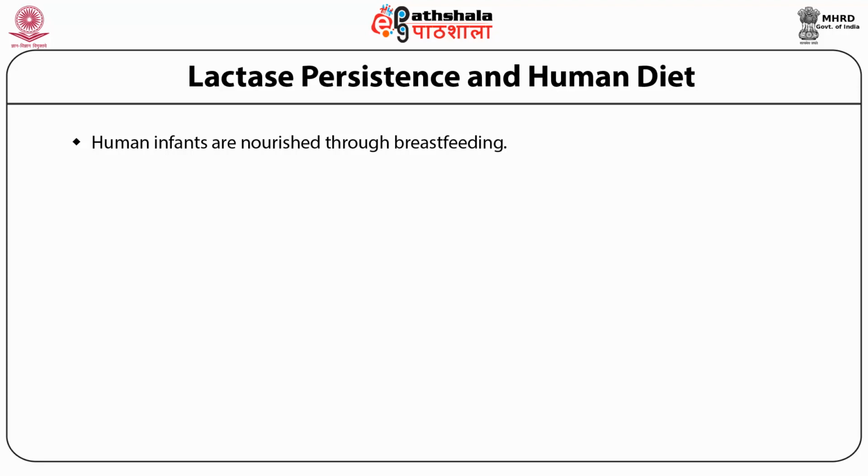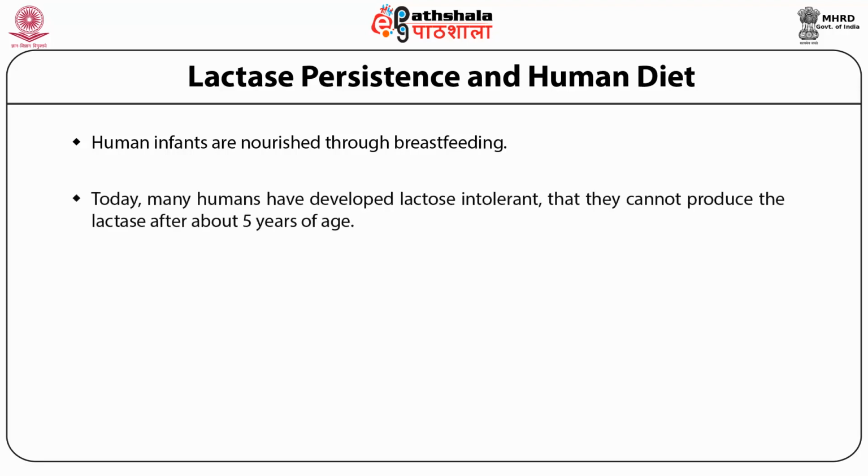After this, the mammal can no longer easily digest lactose. Today, many humans have developed lactose intolerance, in that they cannot produce lactase after about 5 years of age. The physical effects of lactose intolerance can vary and include bloating, cramps, distension, and acute diarrhea.